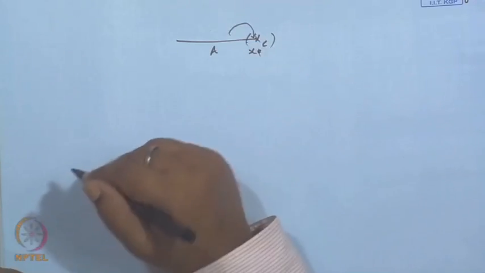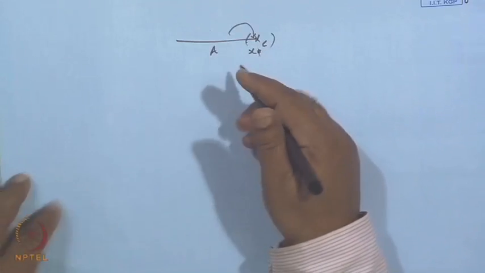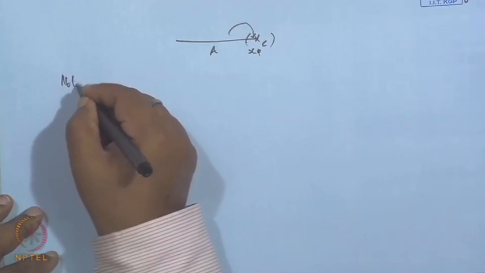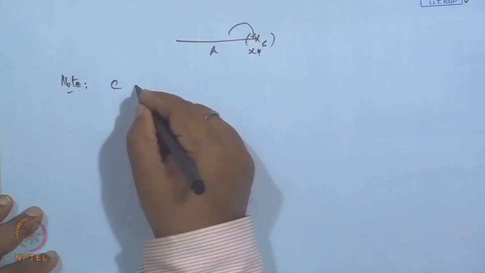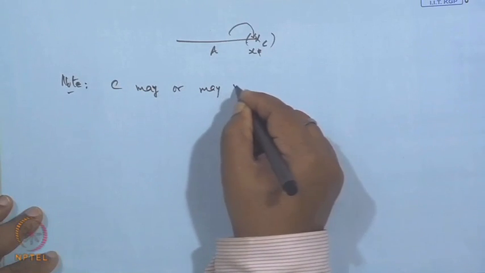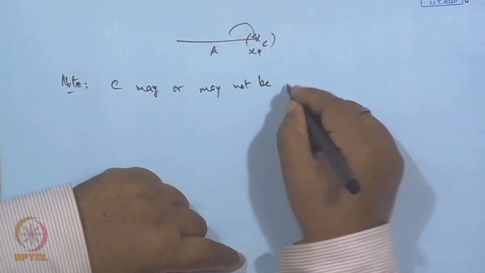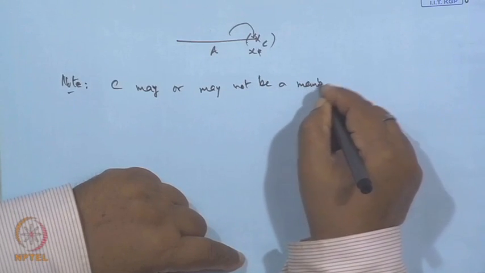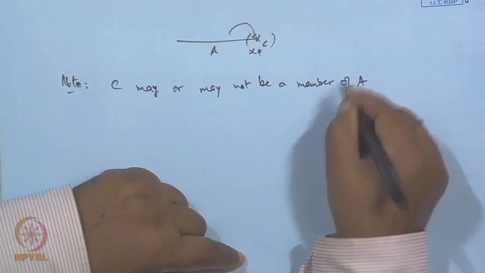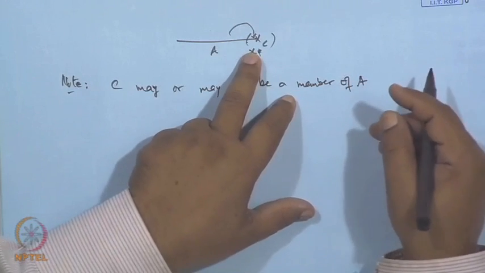Then we say C is the cluster point. The point C may or may not belong to A.